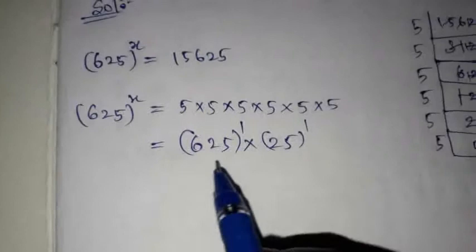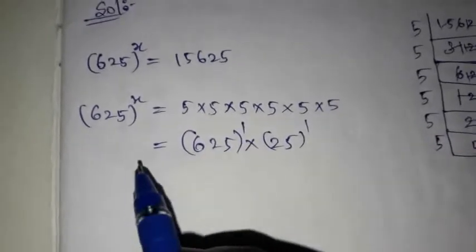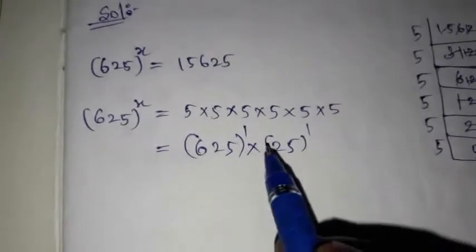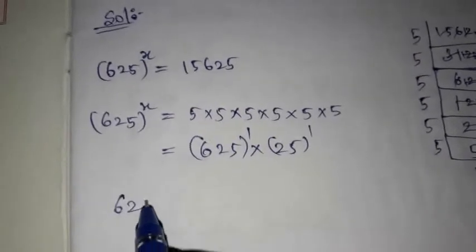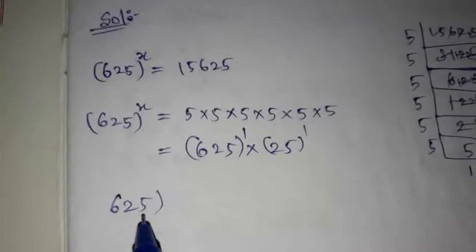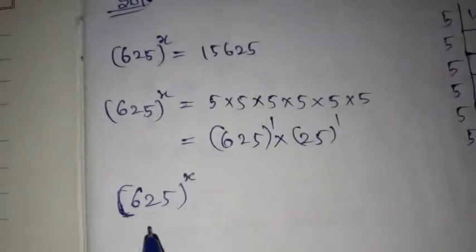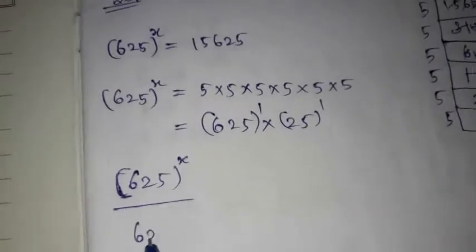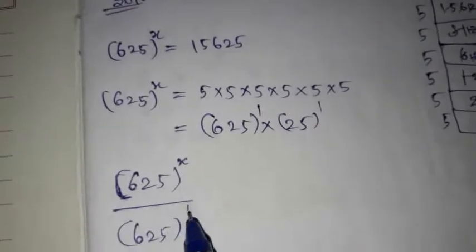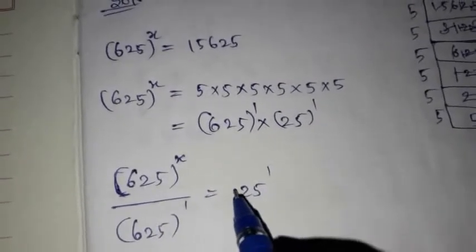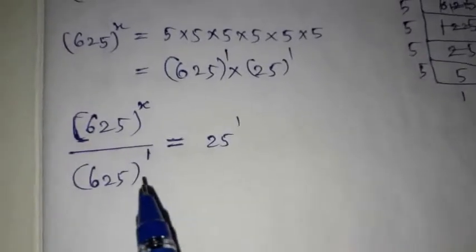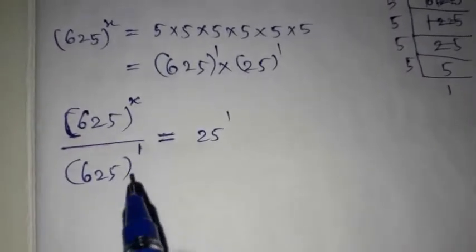If this number 625 is transposed to the left hand side, it will become division because it is in multiplication. It can be written as 625 the whole power x divided by 625 the whole power 1 equal to 25 power 1. In this situation, we are going to use a law here.